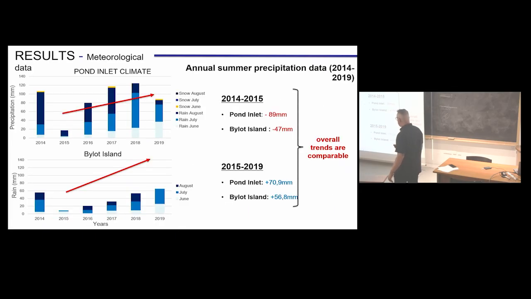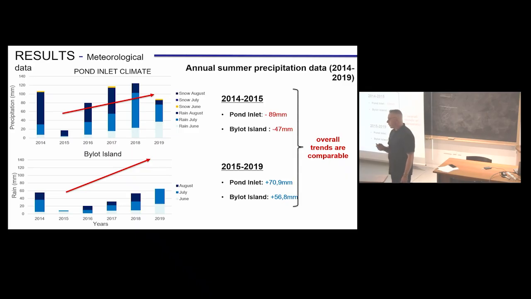So we looked at the precipitation at the nearby village, Pond Inlet, and on our station again. And the rain precipitation, you see very low, a little bit more. 2008 it starts, and then 2019 in July, we're already above all these years here.